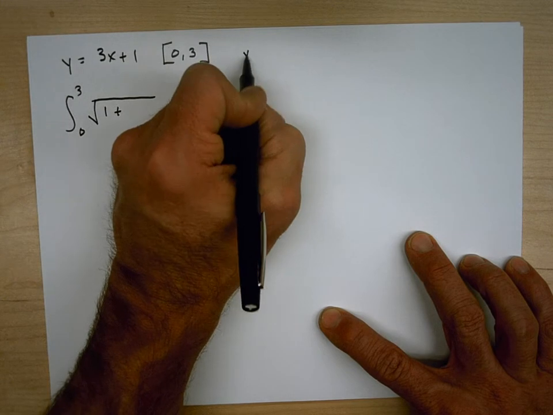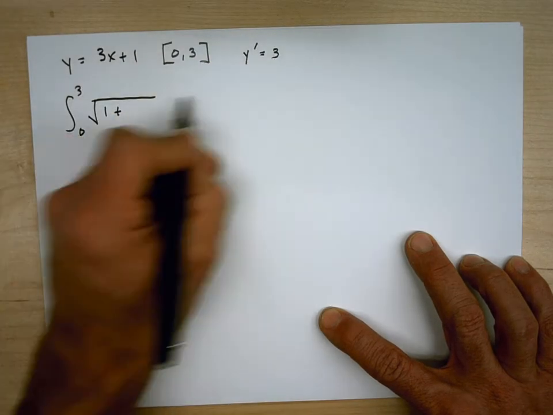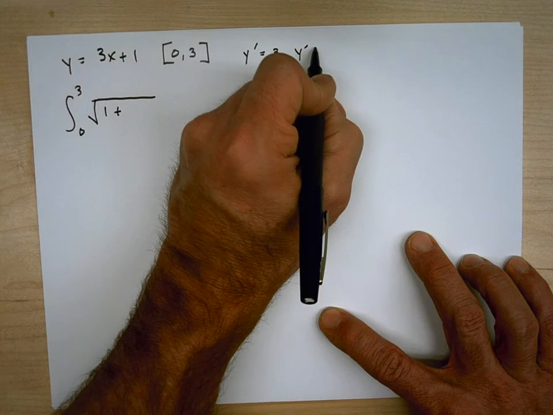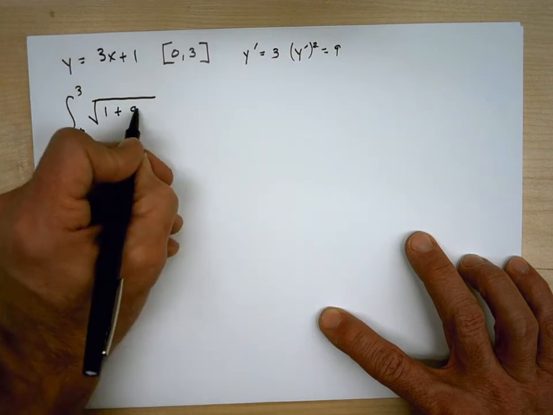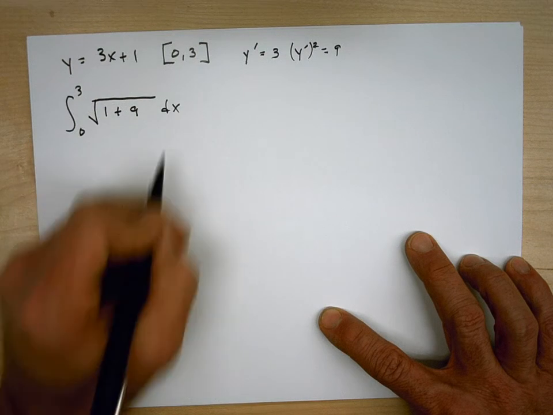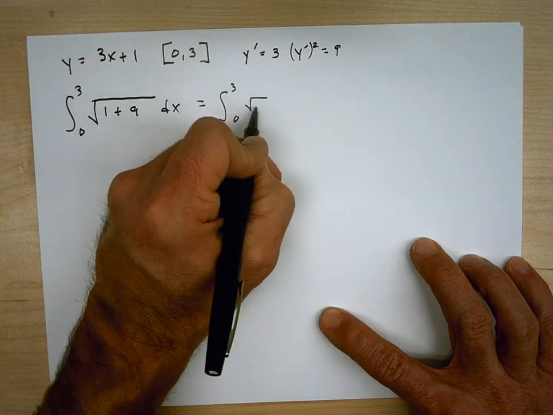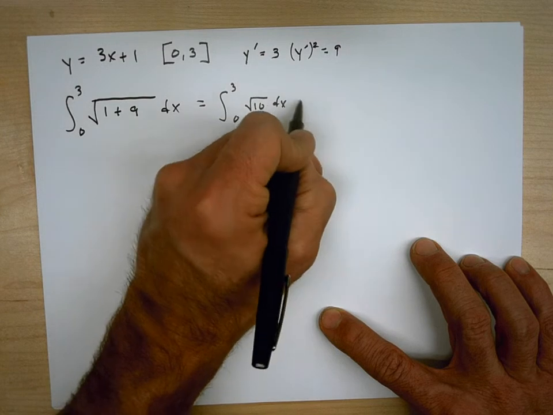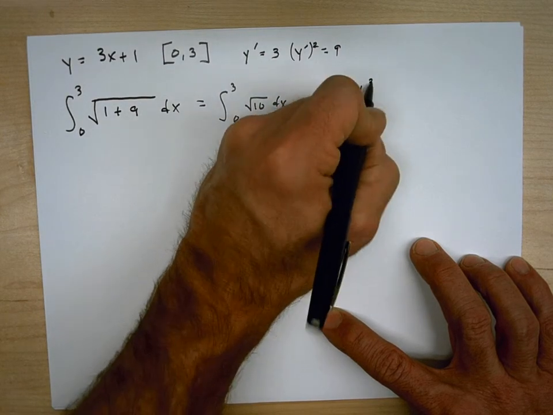The derivative of 3x plus 1 is 3. So y prime squared is 9. So I have 1 plus 9 dx. Well, this is the integral from 0 to 3 of the square root of 10, which is just a number, so we get square root of 10 times x from 0 to 3.